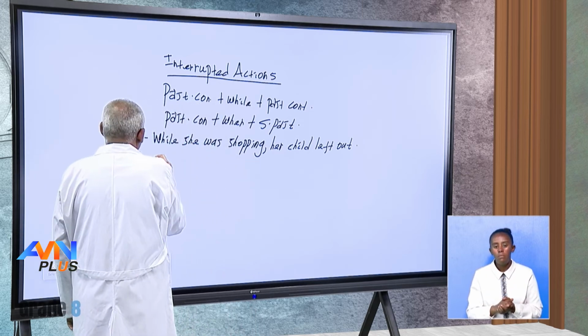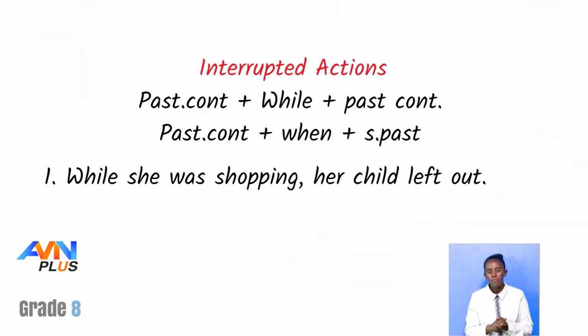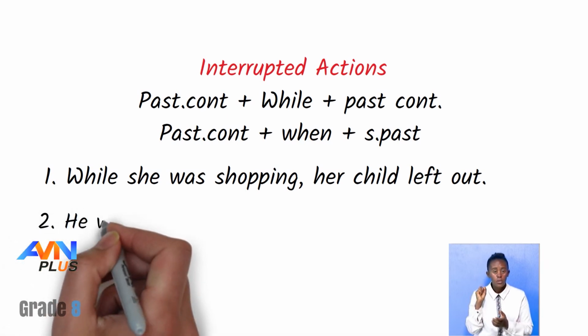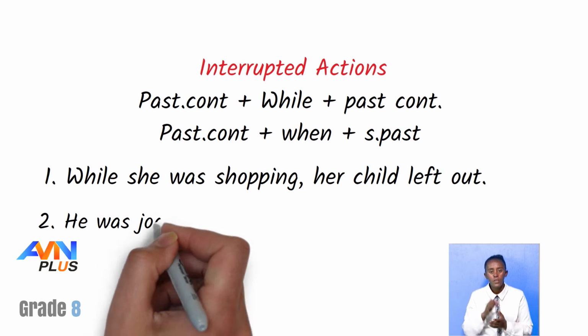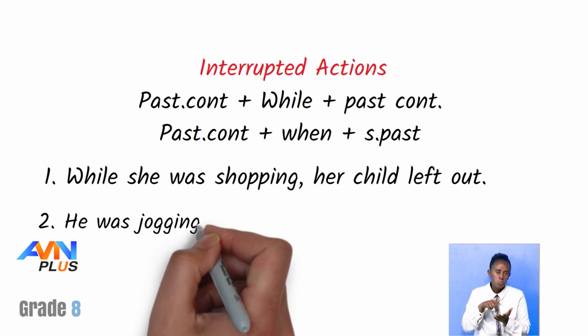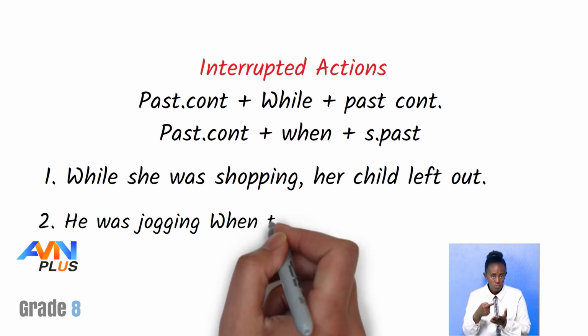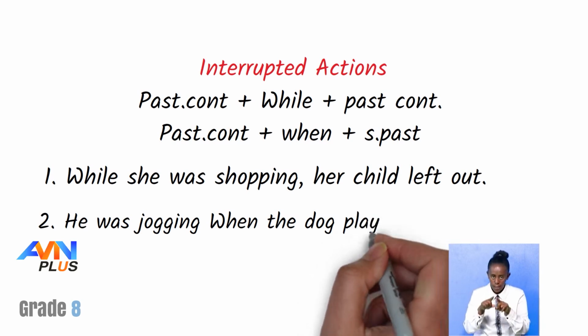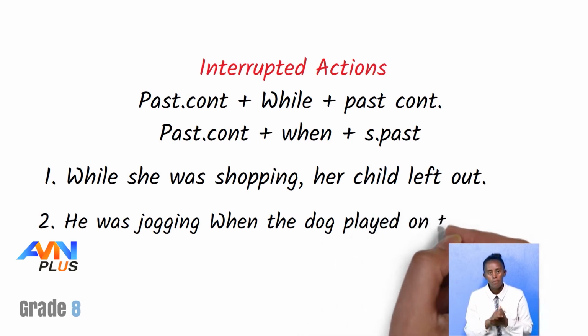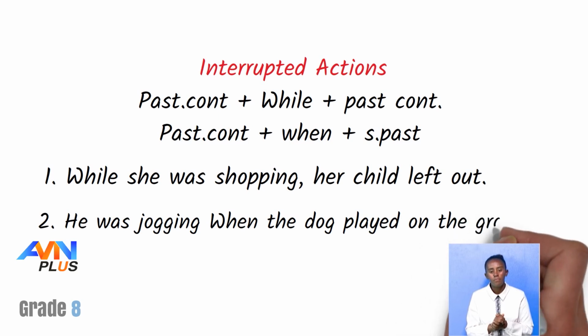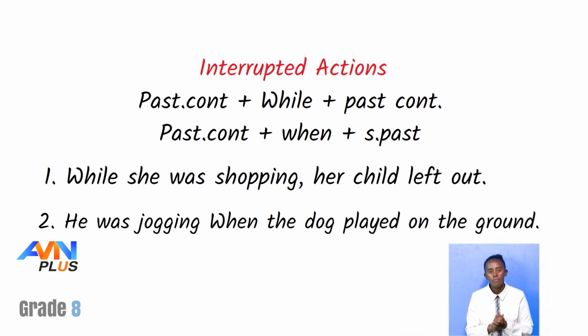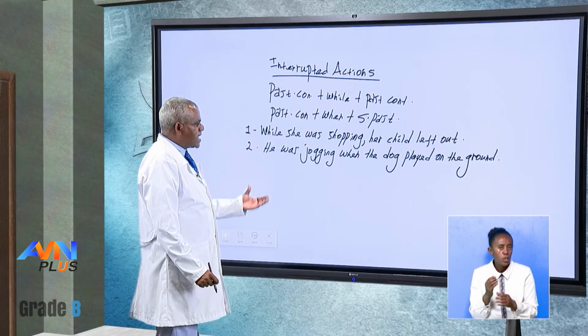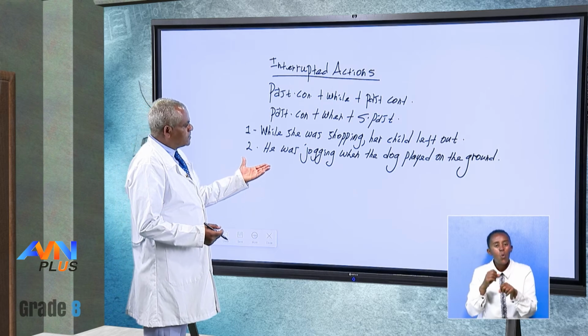Number two, he was jogging when the dog played on the ground. This is also interrupted action. Okay? So interrupted action can be formed in different ways.